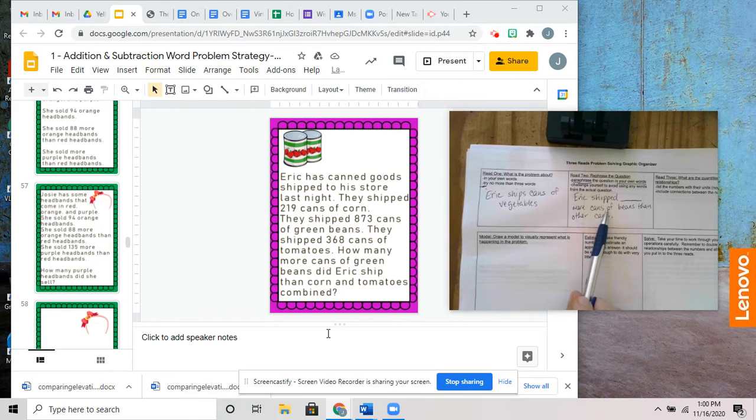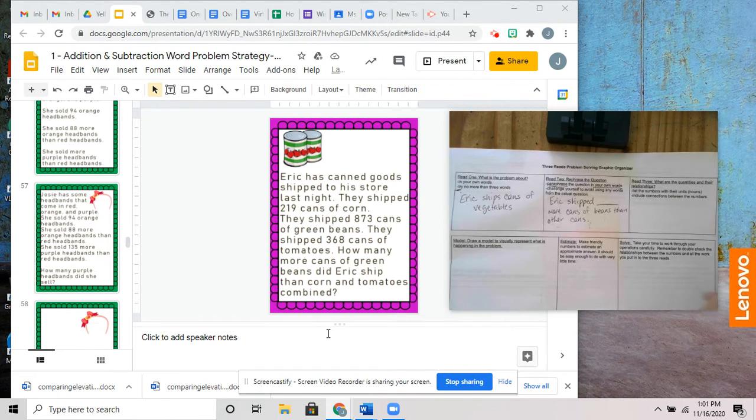I still included certain words like ship, like Eric, beans, and can. So there are obviously some words that I included here. And also, I didn't make it a question. I made it a fill in the blank sentence. But it still works here because what we're doing with our second read is figuring out what this question is really asking for. It's asking about more cans of green beans. That's what I need to determine in the second read.